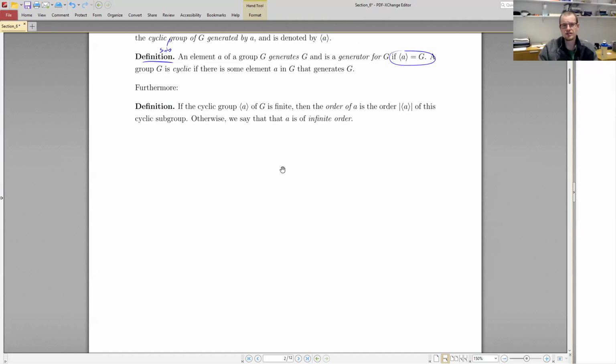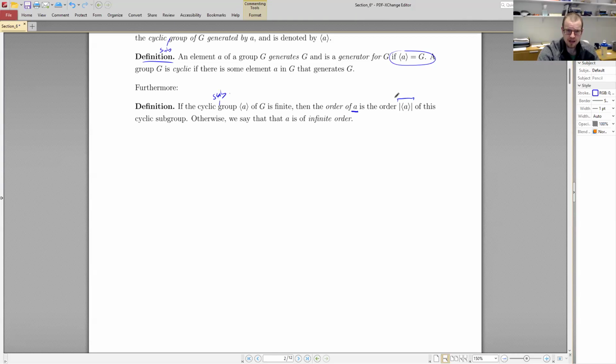All right, so finally, just regarding the order of the groups here. If the cyclic subgroup generated by A of G is finite, then the order of A is the order of this. So we're defining here the order of A. We've already talked about the order of a group, so this notation is not necessarily new, other than generation here, right?